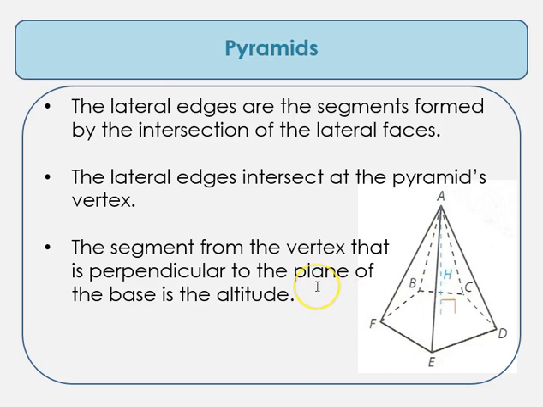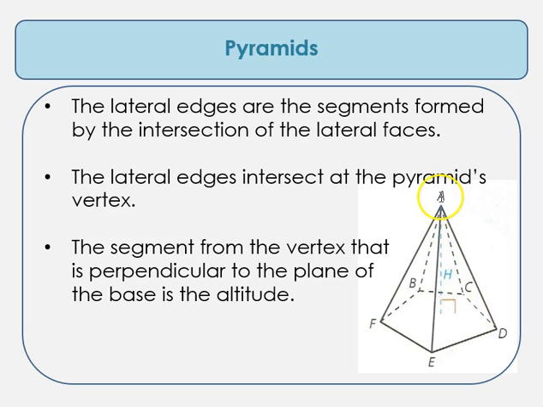The lateral edges are the segments formed by the intersection of the lateral faces. So a lateral edge would be AE, AF, AB, AC, AD. The segment from the vertex that is perpendicular to the plane of the base is the altitude.